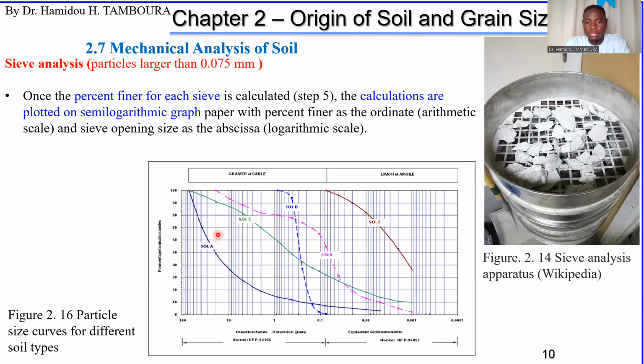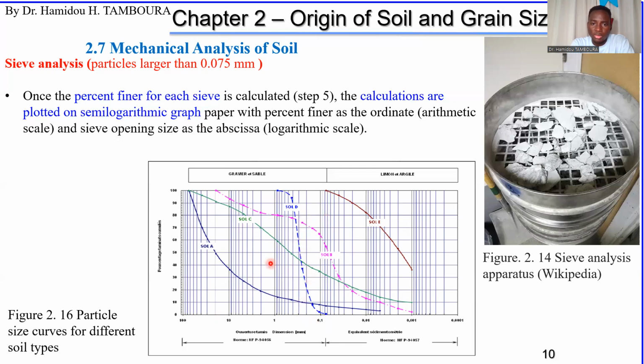And here we can even see, for example, gravel and sand. This one is the French norm, but if it was the American norm, because the x-axis is the opening, according to the opening, as we talked before, depending on the size, the diameter, there are a lot of classifications.